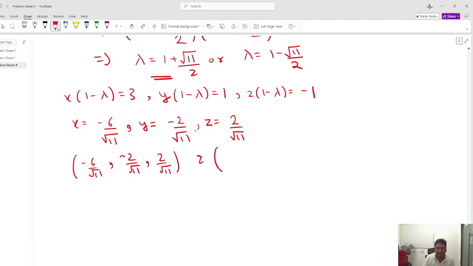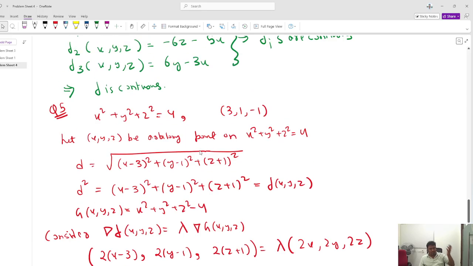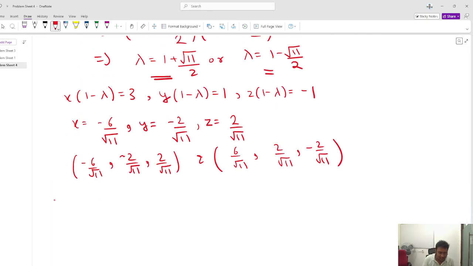And another point will be, guys, you have to substitute this value. So when you do, you will get 6 by under root 11, 2 by under root 11, minus 2 by under root 11. So you get two critical points, right? Now you just have to evaluate the value of f at the above points.